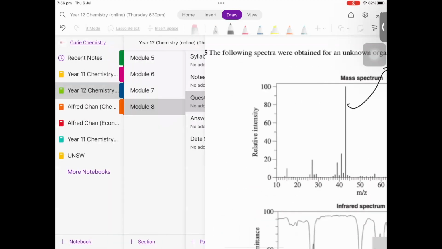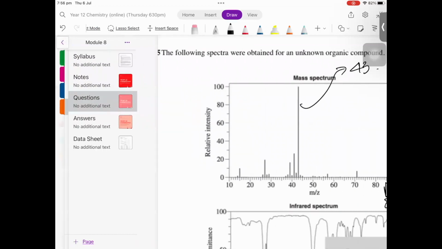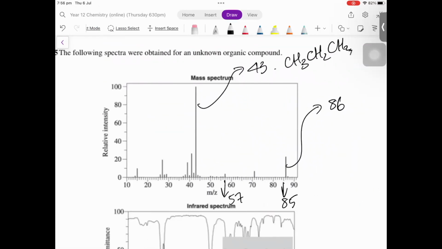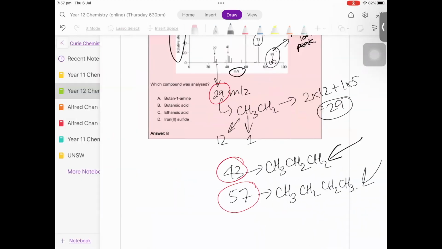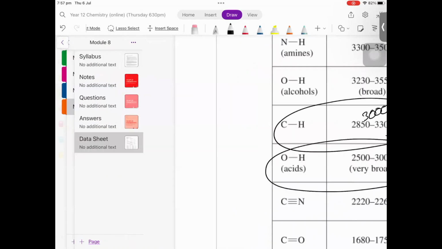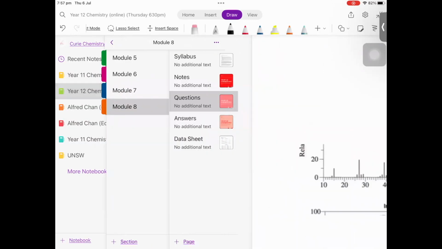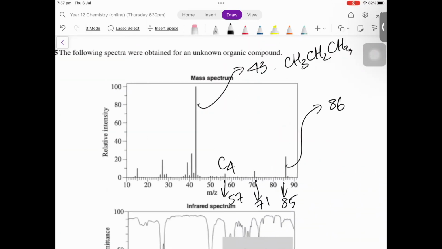And then there's also a signal at 57, and then there's a signal at 71. So from our notes, 57 is a butyl, which is 4 carbons. And then if we want to check a pentyl fragment, so 12 by 5 for 5 carbons, and then how many hydrogens would there be?